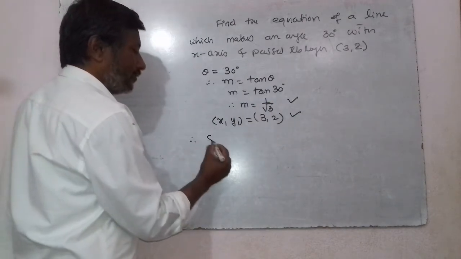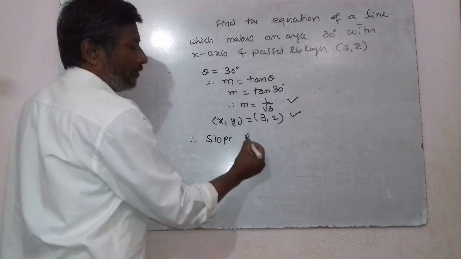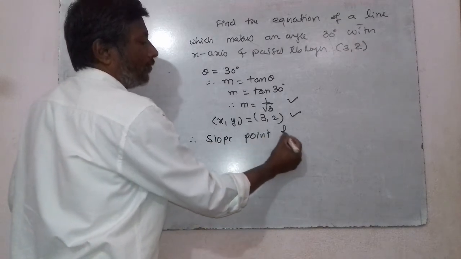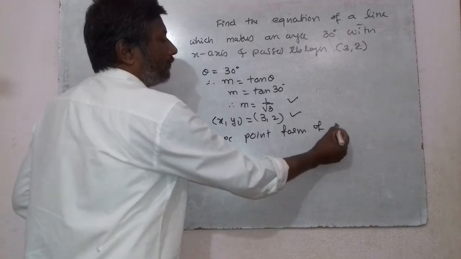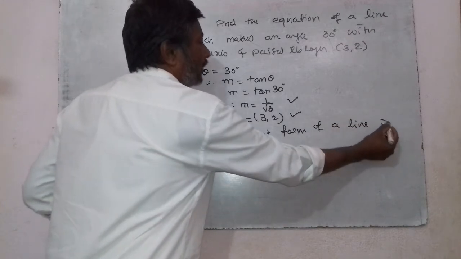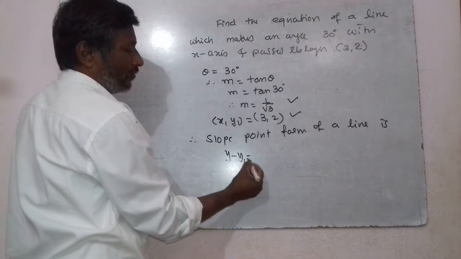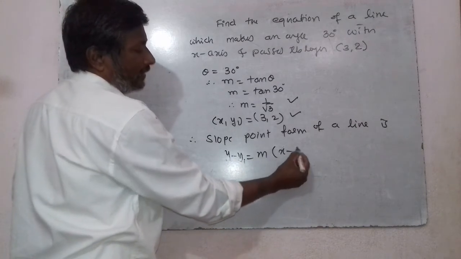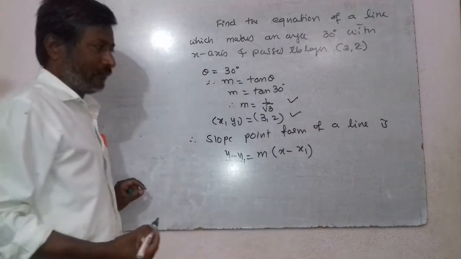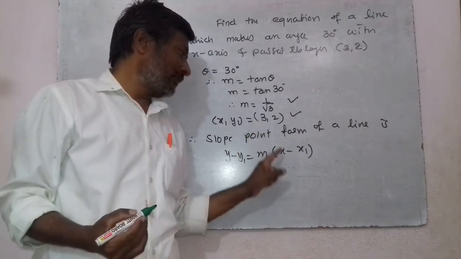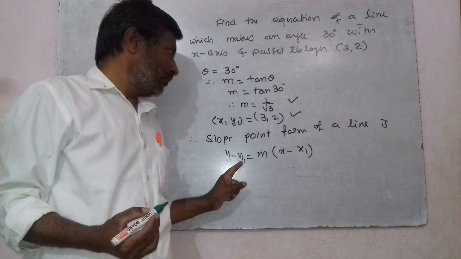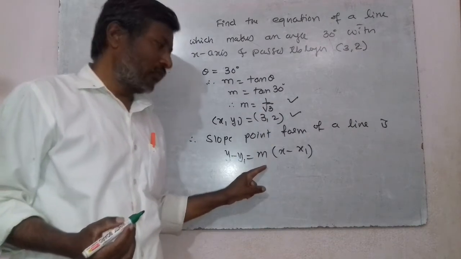Therefore the slope point form of a line is y minus y1 equal to m into bracket x minus x1. So x1 is 3, y1 is 2, m equal to 1 by root 3.